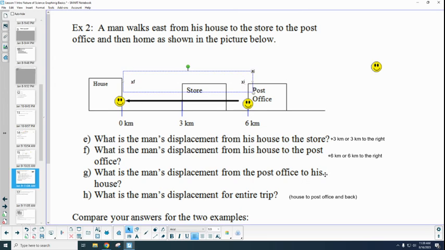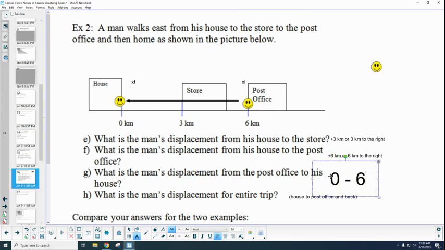So this one I'm going to just show the math with because I think it's worth the time just to make sure there's no confusion. Our final position is 0, back off 6. So that's going to be a -6 kilometers. And again, the negative indicates that it is going to the left. 6 kilometers to the left.